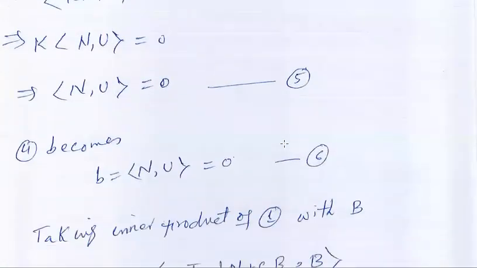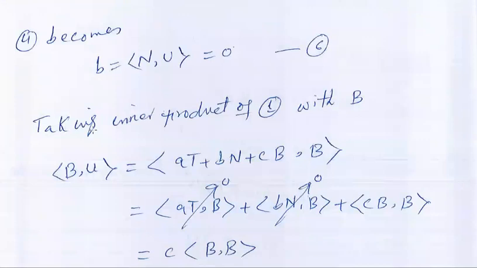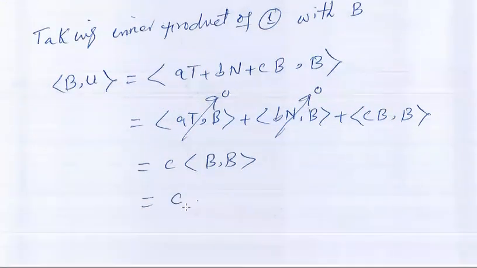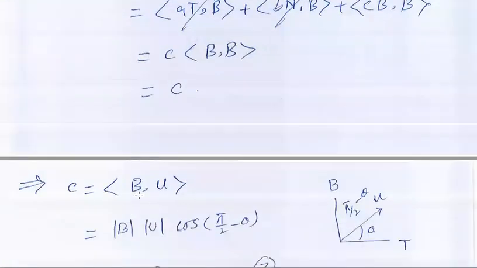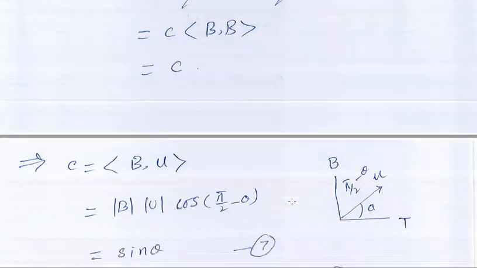Now taking inner product with B is equal to C. So C is equal to the inner product of B and U, which is equal to magnitude of B times magnitude of U times cos of pi by 2 minus theta, because here theta is the angle between T and U, and the angle between B and U is pi by 2 minus theta.